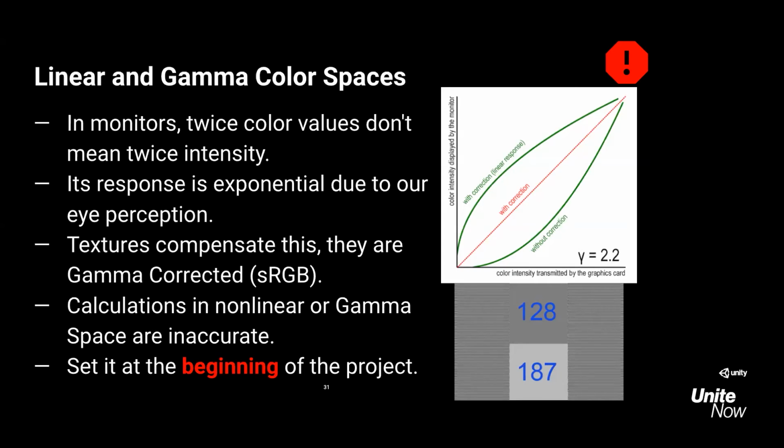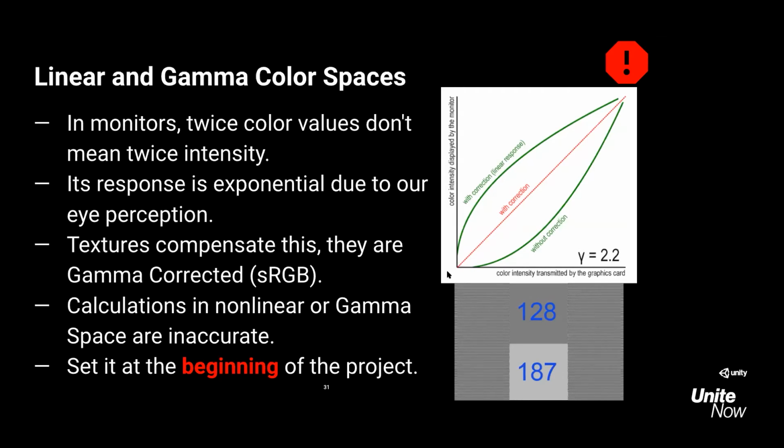But what's the problem? Why do we care about that if we already said that the monitor automatically corrects gamma? The problem is mostly about textures. Our textures, or images, any photo you take in any device, are encoded in gamma corrected space. That means that the actual photos or textures, PNGs, JPGs, or whatever format you want, are already encoded with this curve. So when you sample a texture to do some lighting calculation, it's already gamma corrected. And that means that the lighting calculations are done with gamma corrected images.